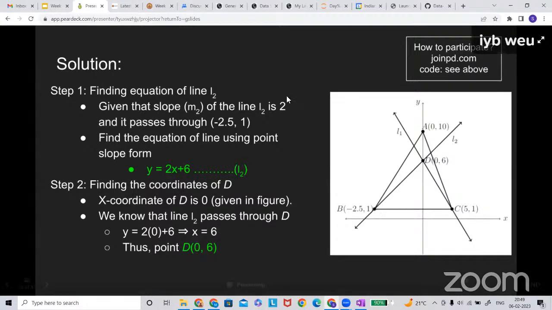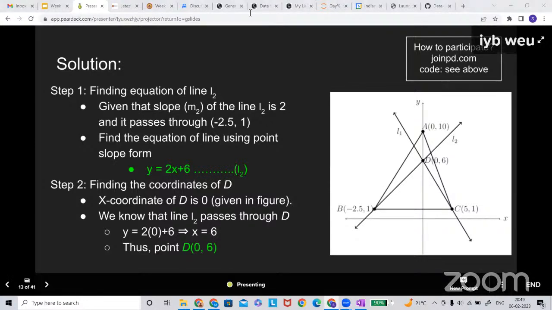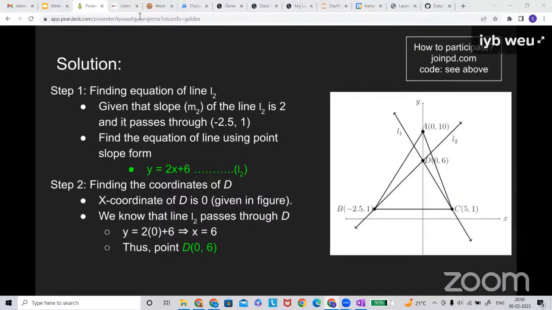Okay, just a minute. So you already have the slope and one point the line is passing through.